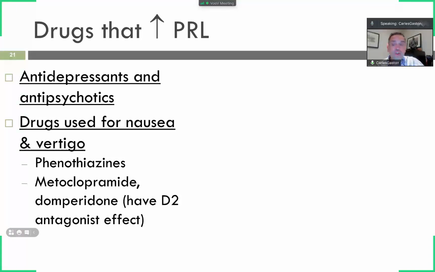You don't need to know the names. You just need to know that some drugs affect the dopamine area and basically will stop the inhibitory effect. You just need to know that some drugs have as a secondary effect the increase of prolactin, and others such as estrogen, right?